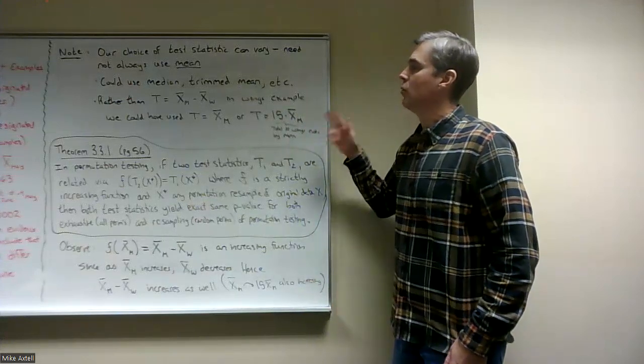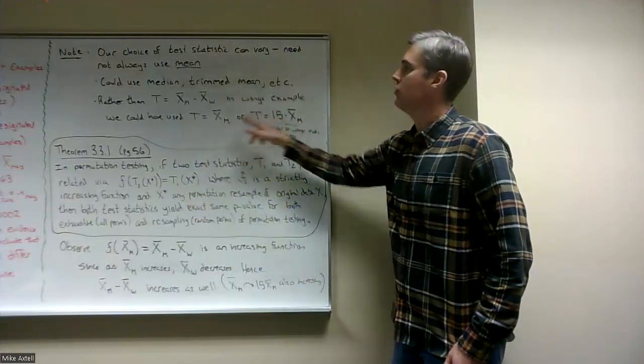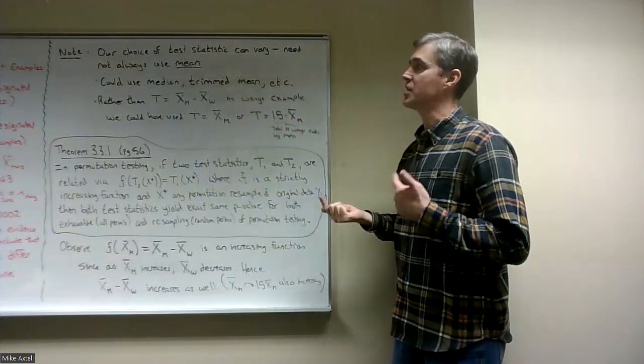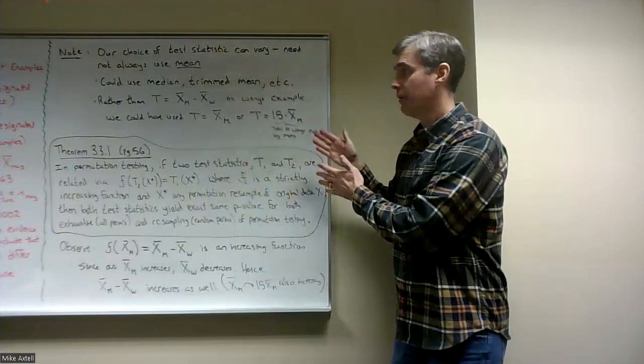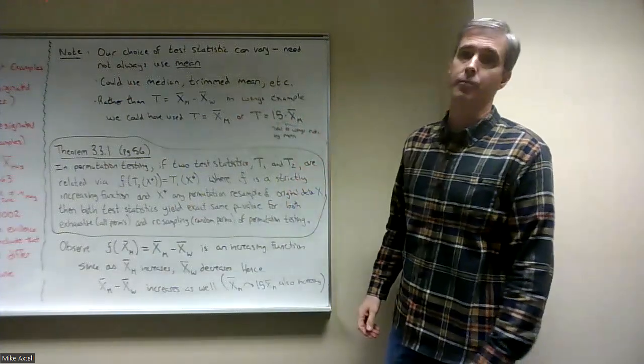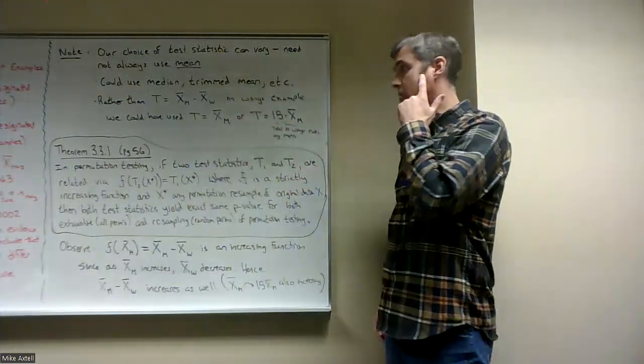And it might not be clear why we could just use either of these two as a test statistic that's seeking to answer a question between the men versus women, but the answer is here in Theorem 3.3.1, which is found on page 56.